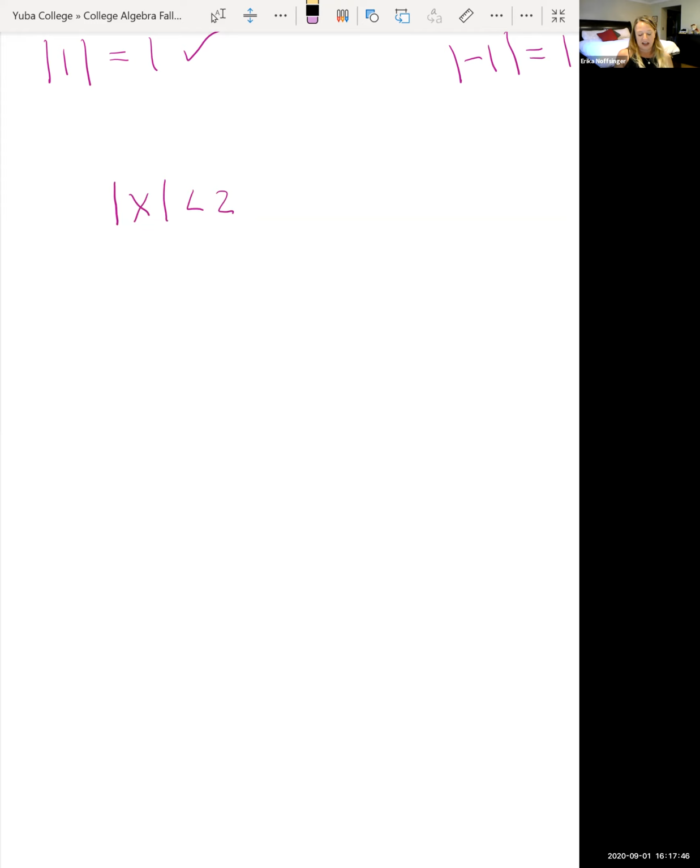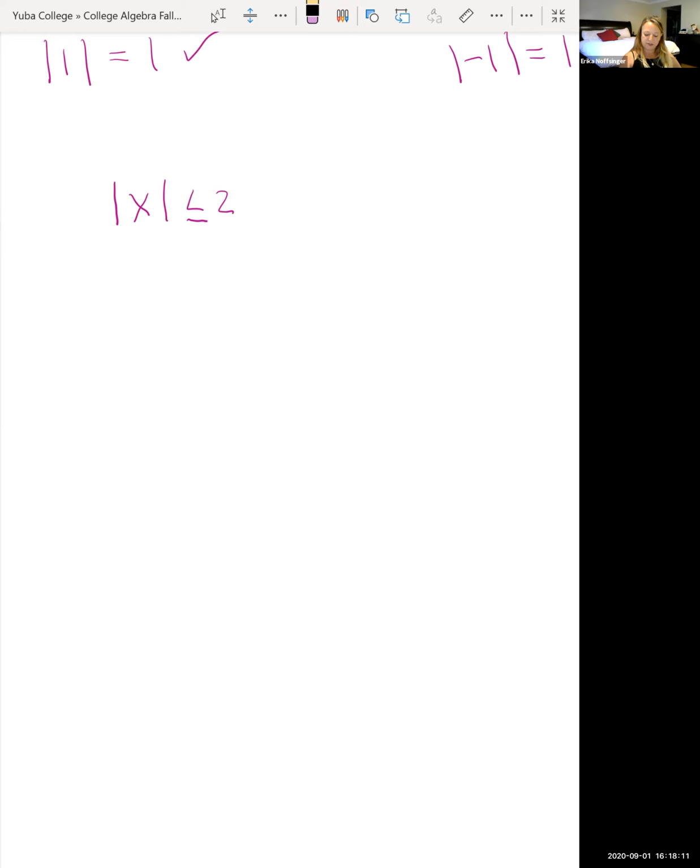So I know that if I put any number in there between 0 and 2, that could make a true statement, right? Except for 2 itself. Maybe we could put the equal sign. So, right, if I put 2 in here and drop the absolute value, that would make sense. 2 is less than or equal to 2. If I put 1 in for x, absolute value 1 is less than or equal to 2, etc.